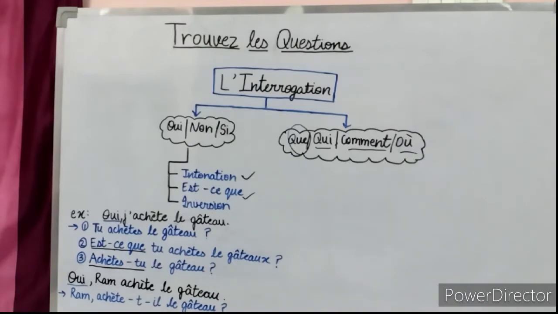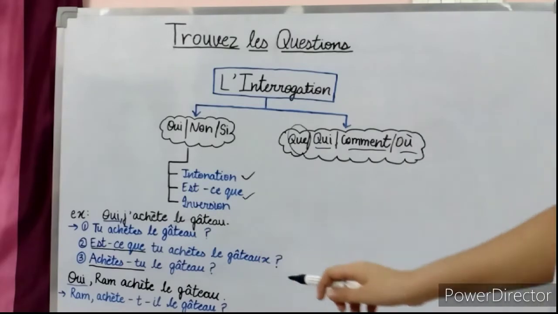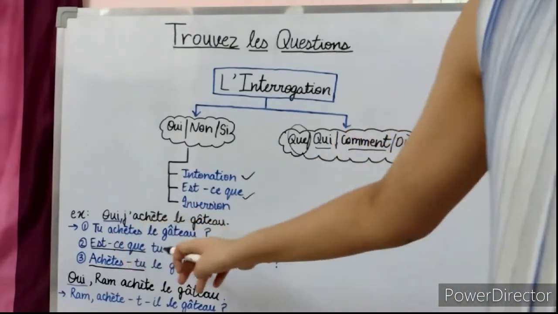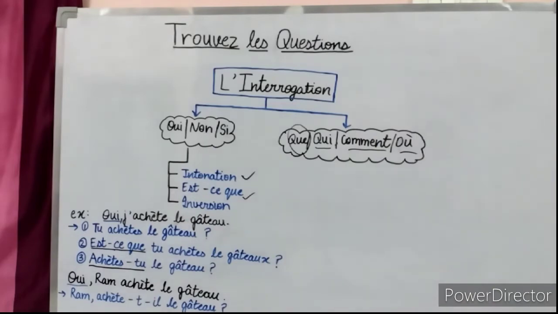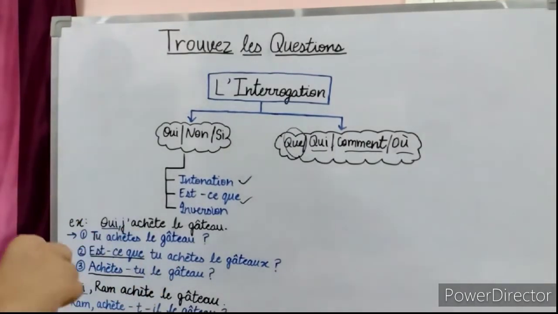Oui, j'achète le gâteau. Yes, I buy the cake. First is the intonation method, which is tu achètes le gâteau, you buy the cake. Then comes the est-ce que method, which is est-ce que tu achètes le gâteau? Do you buy the cake? Then comes the inversion, which is achètes-tu le gâteau?